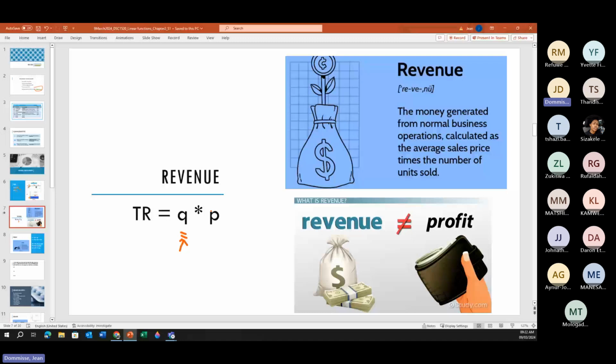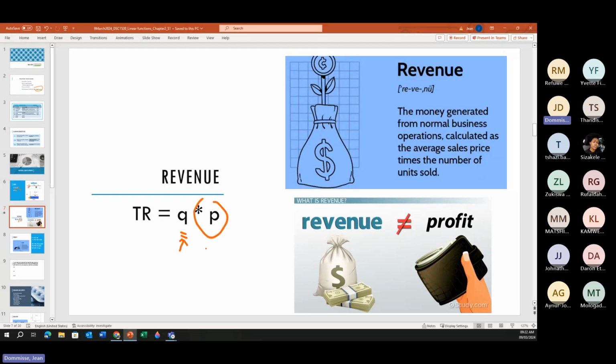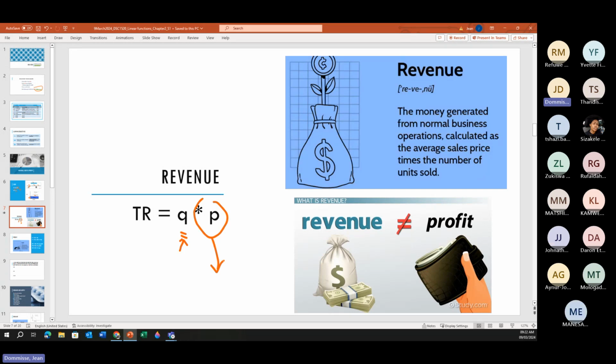And then they will give you a price for it. So they might say you are creating, let's say, tables. You have a fixed cost of 1,000.